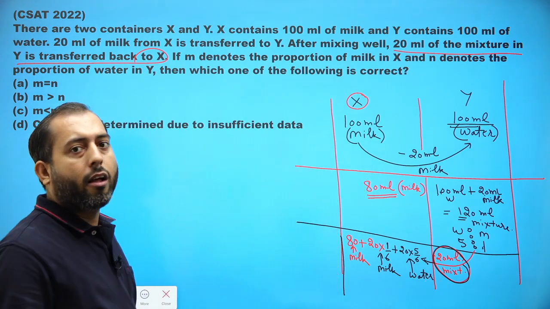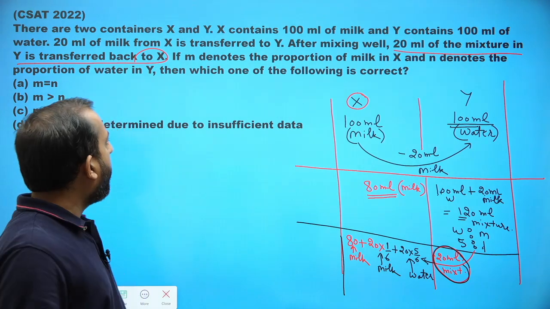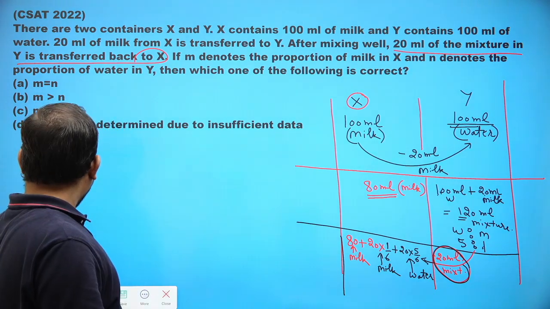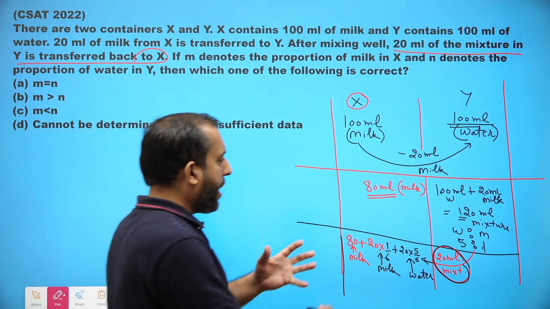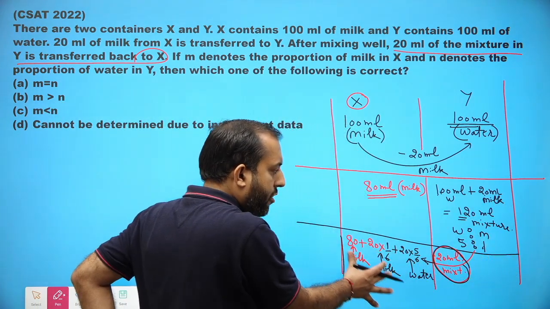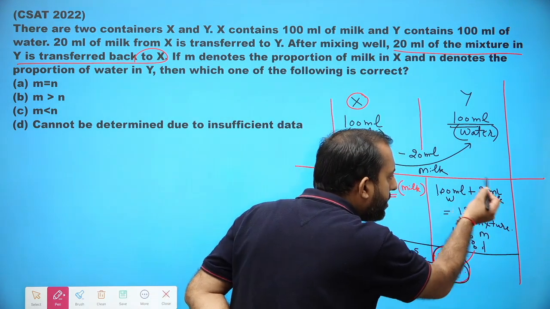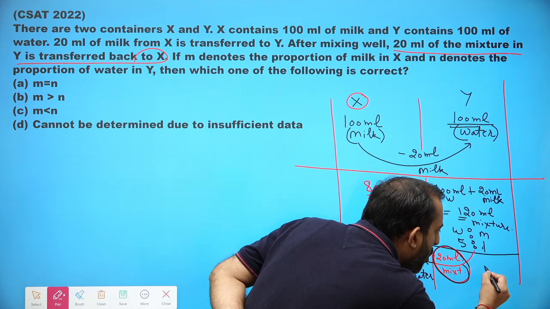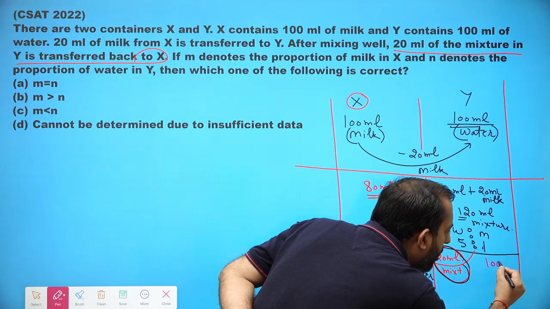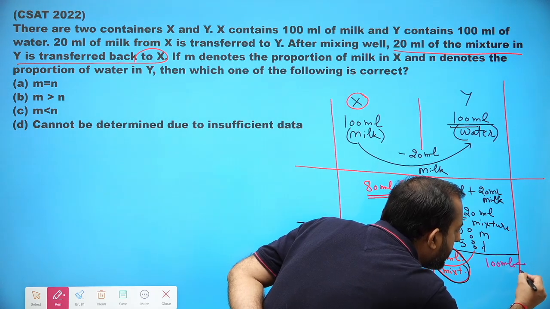I hope this is clear to everyone. Now when this 20 ml has been transferred out, in container Y only 100 ml mixture is left.